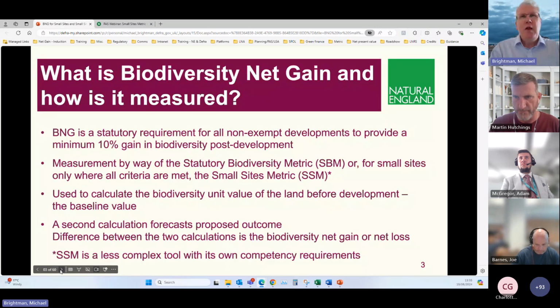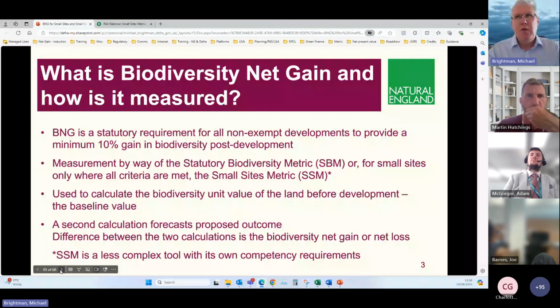So this slide is an example of what you already know, but it's set out in a way, if you wish, that you could use to explain to small site developers or landowners. So as you know, biodiversity net gain is a statutory requirement for all non-exempt developments that they provide a minimum 10% gain in biodiversity post-development.